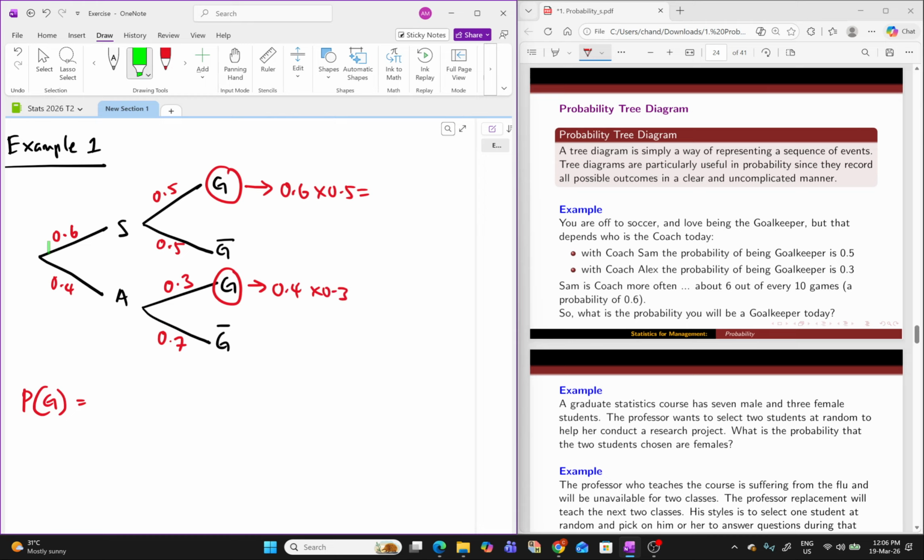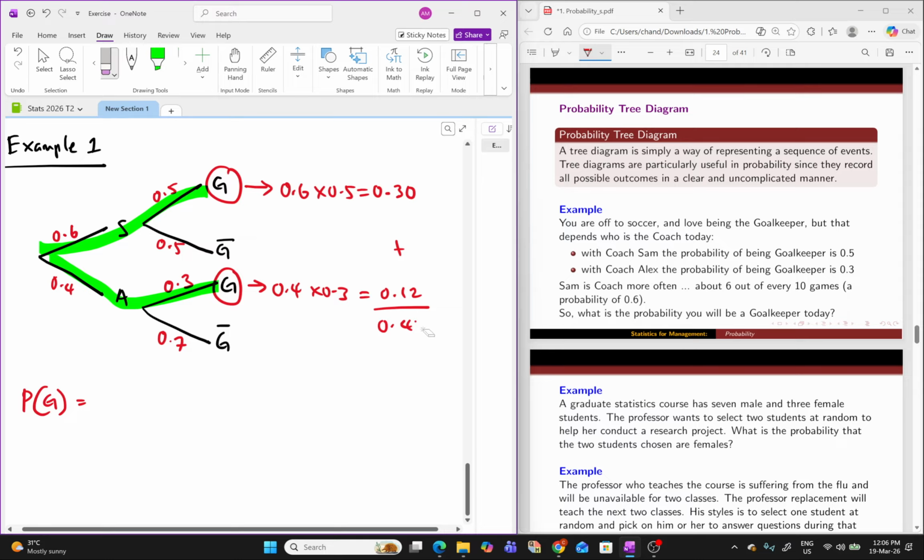This branch, and also this branch. If you do this, here you will get 0.30, here you will get 0.12, you add, you get 0.42. That is the answer here.